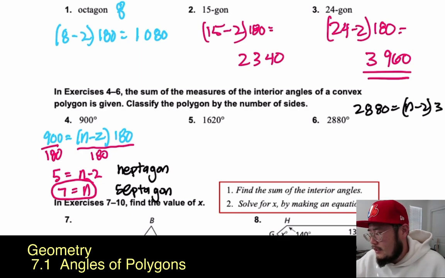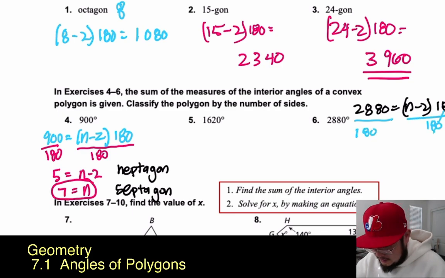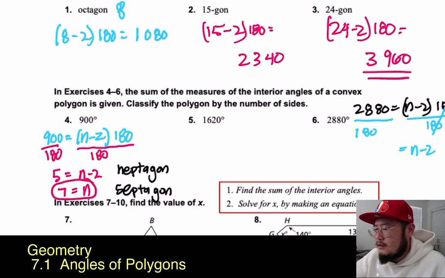We'll take 2,880 and divide that by 180 on both sides. And so we have n minus 2, and that is now equal to 16. We'll add 2 to both sides, and n is equal to 18.